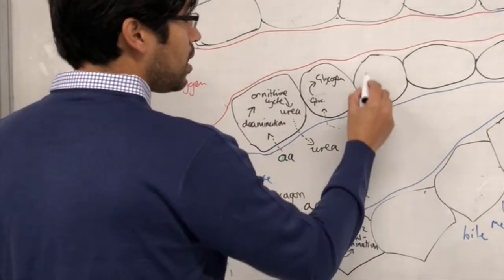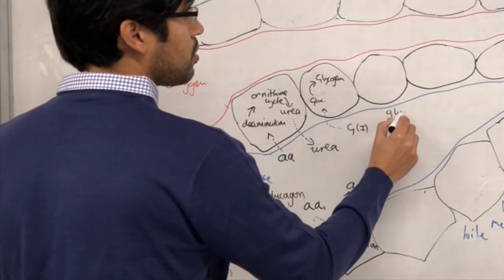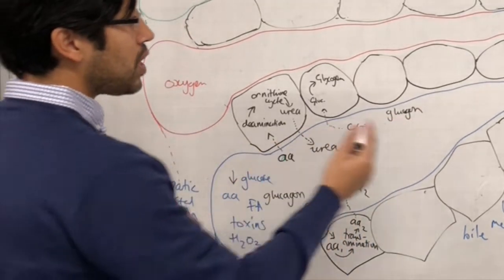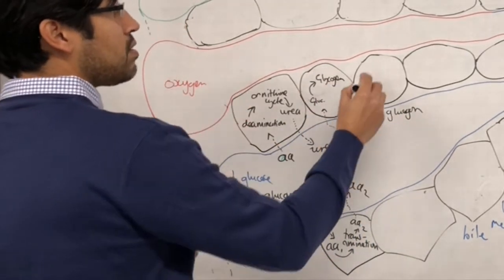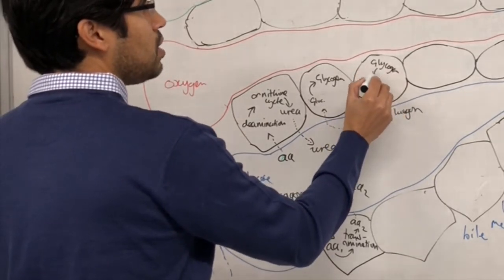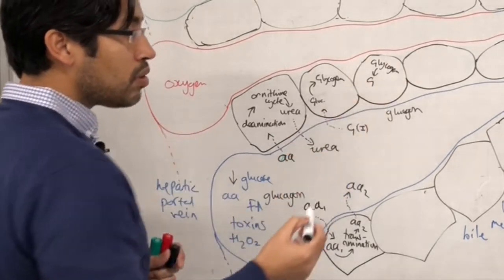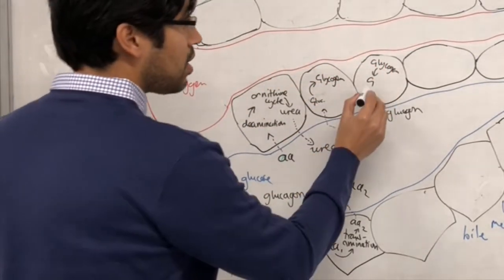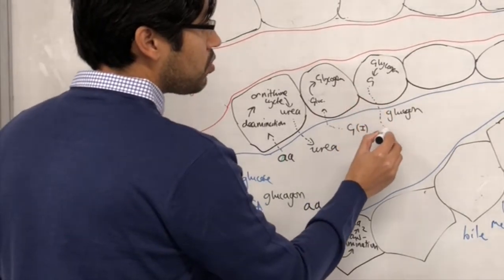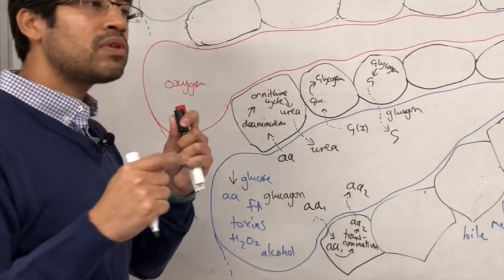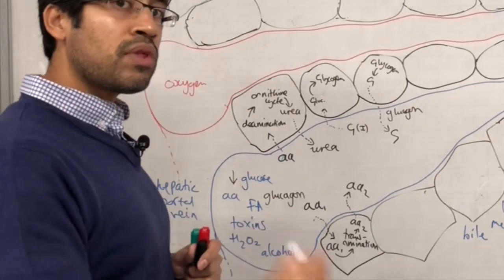So we could say, in the presence of glucagon, what would happen is the opposite to this, which is that glycogen will be hydrolyzed to glucose, increasing the glucose concentration in the hepatocyte, and therefore causing glucose to diffuse into the blood, thereby raising the blood glucose levels when it's the time to do that.